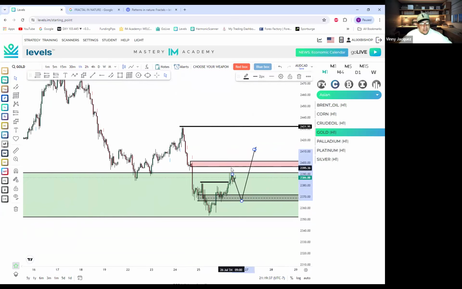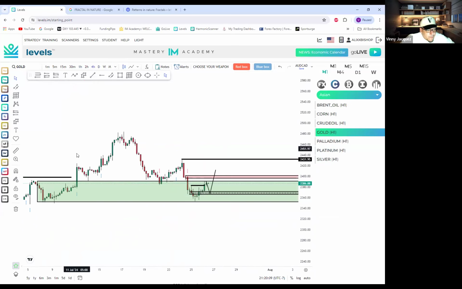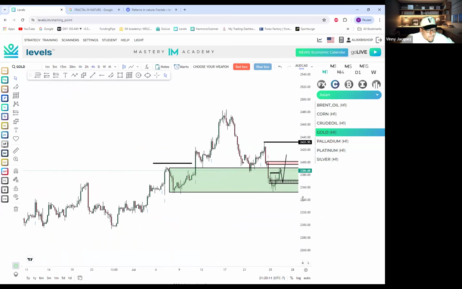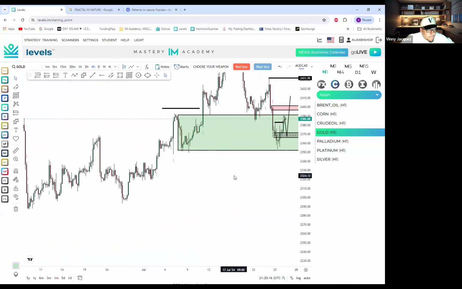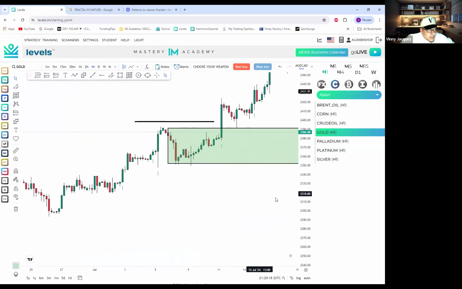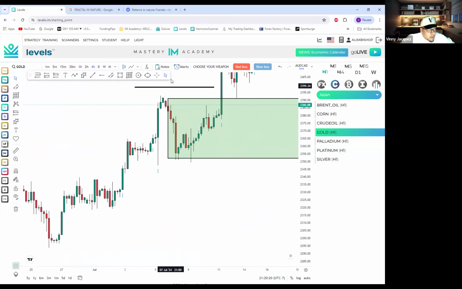So if we have, let's go up to the daily time frame one more time. Four-hour. Let's see, on the 4-hour time frame, we have a starting point right here.